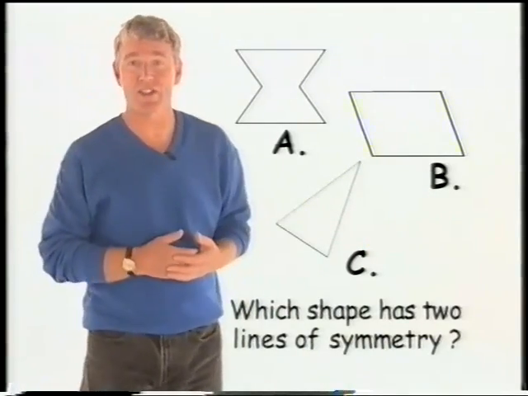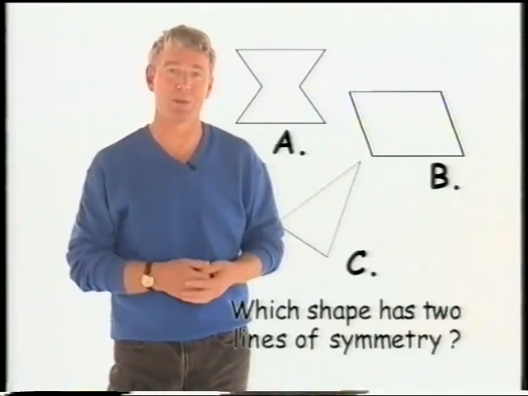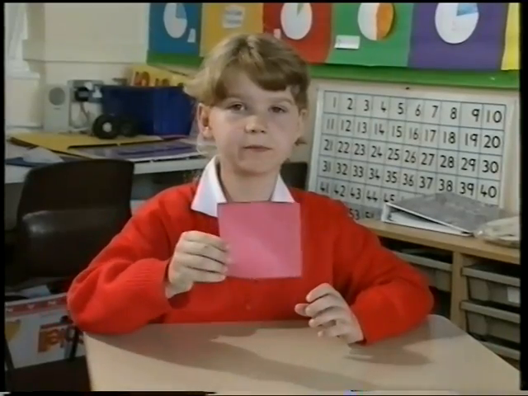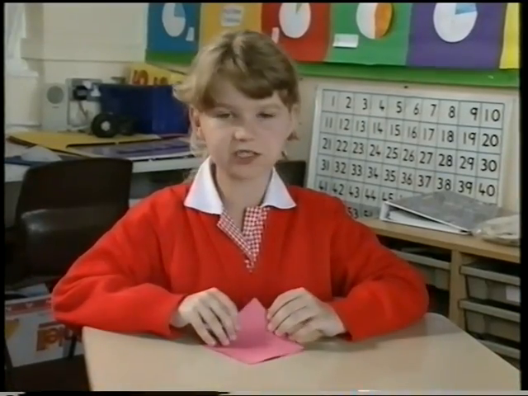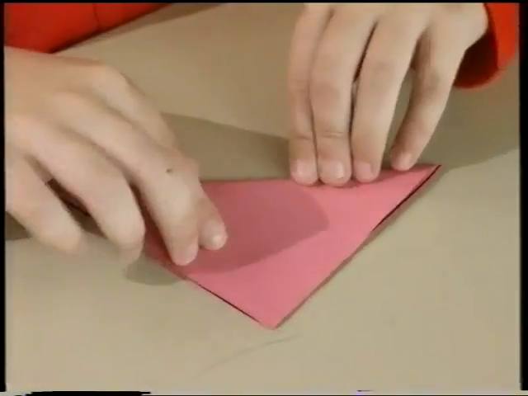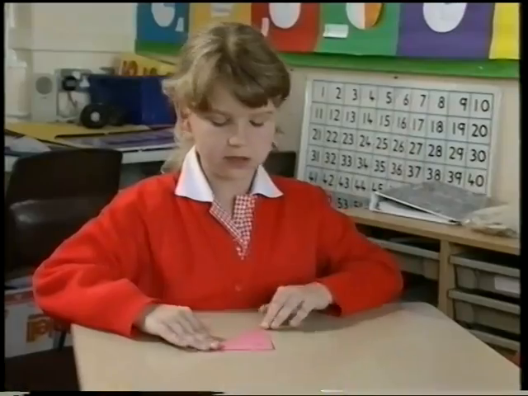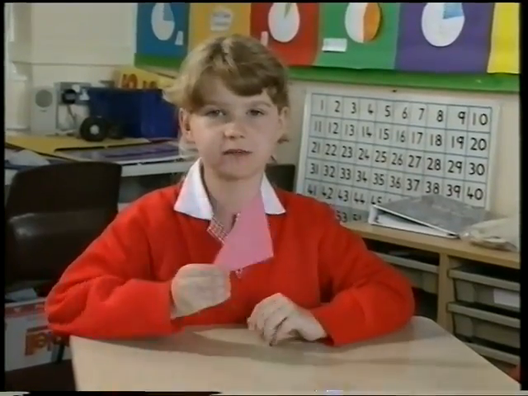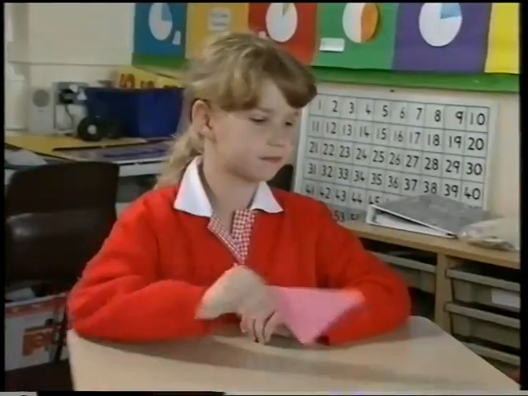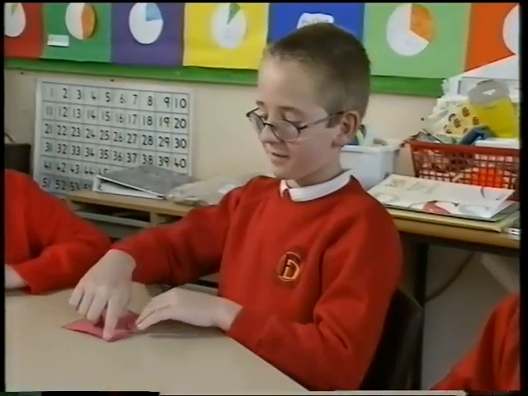Well, let's go to the maths team for some clues that might help us with symmetry. A shape has symmetry when it is folded in 2 and the 2 halves fit exactly over each other, like this. The line of symmetry is the line of the fold that you've made.